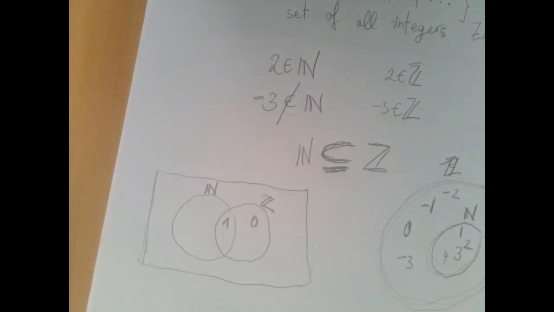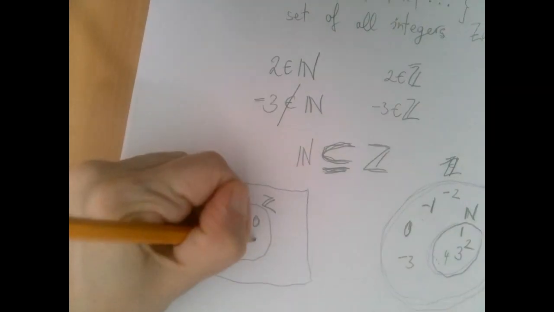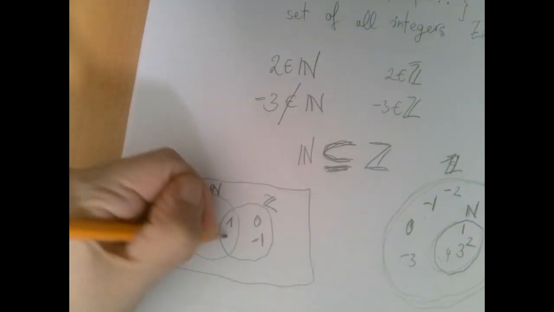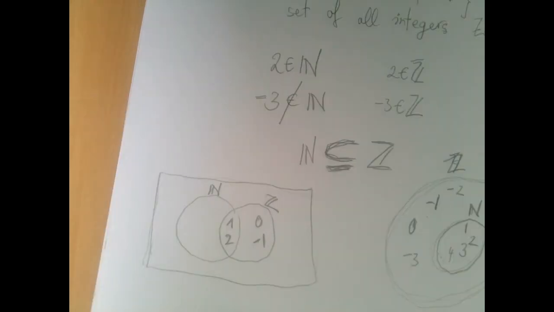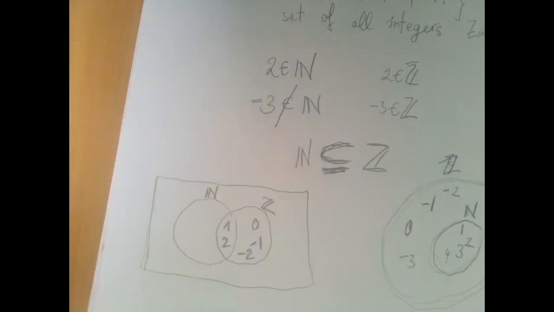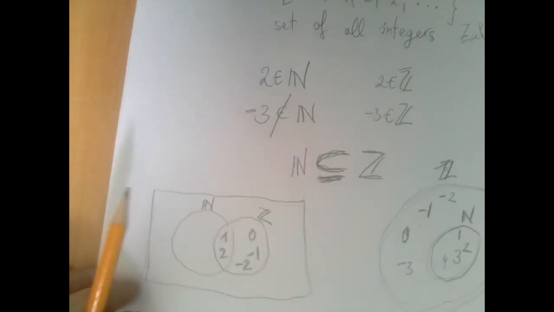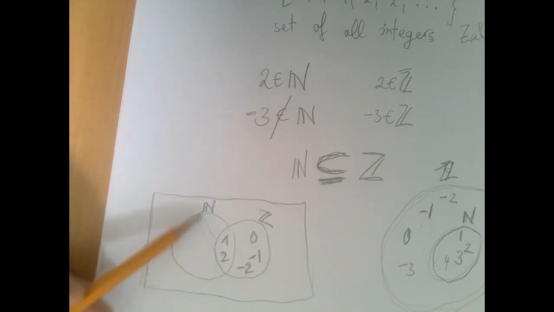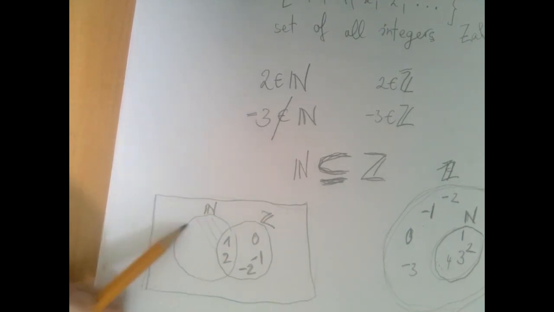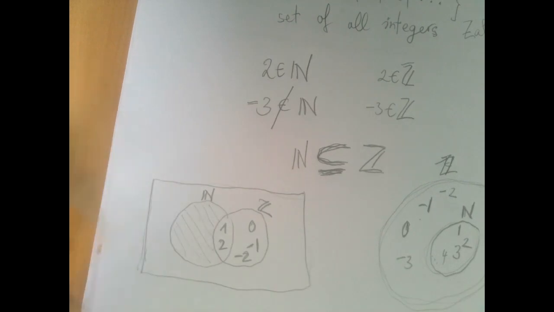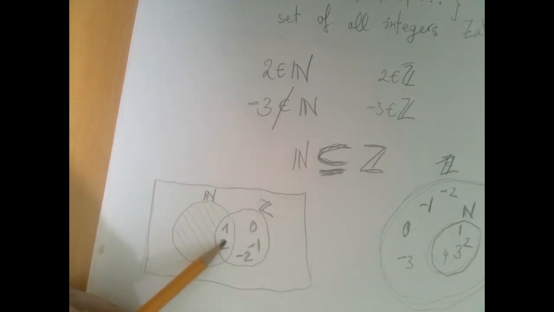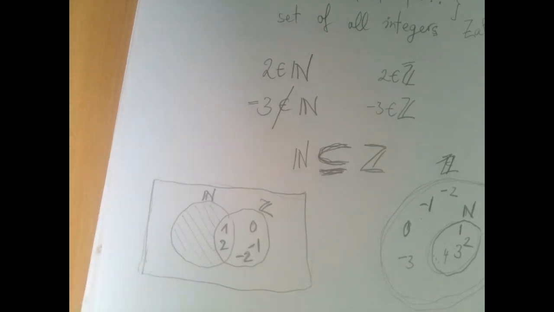It's a natural number and it's an integer. -1 would again go here, and then 2 would go in the overlap because it's both an integer and a natural number, and then -2 would go here. And then you can see this is what it will look like, that N is a subset of Z, that this area will be empty, that everything that is in the set of natural numbers is automatically also in the set of all integers. That's subset.